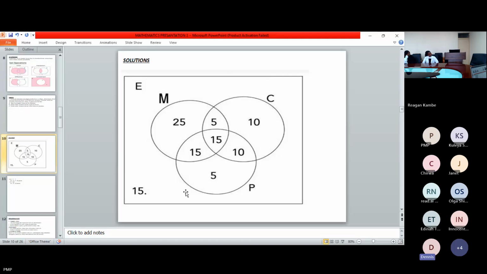But considering what has just been presented on the Venn diagram, just out of curiosity, what are some potential pitfalls of this data presentation? Come again? What are some of the potential pitfalls of this data presentation?